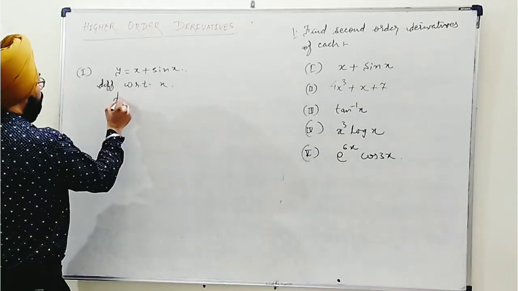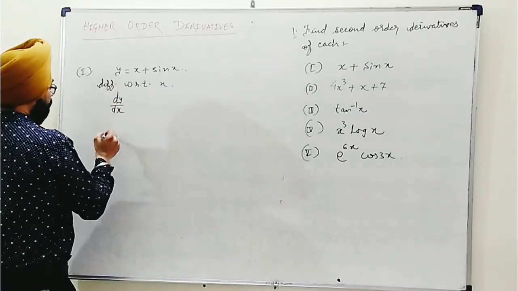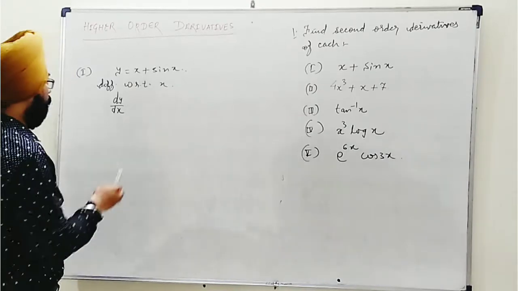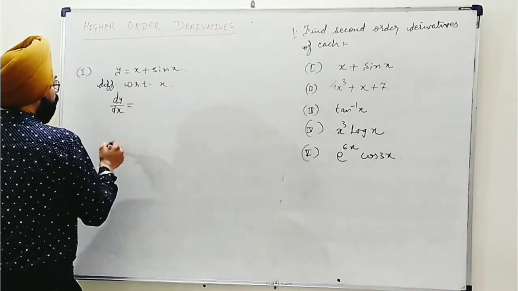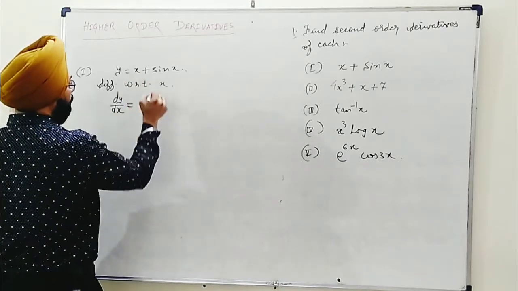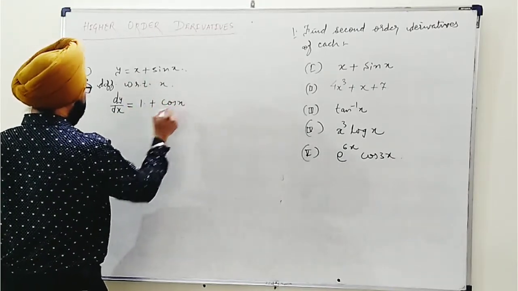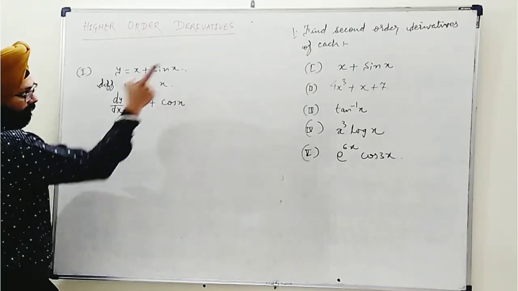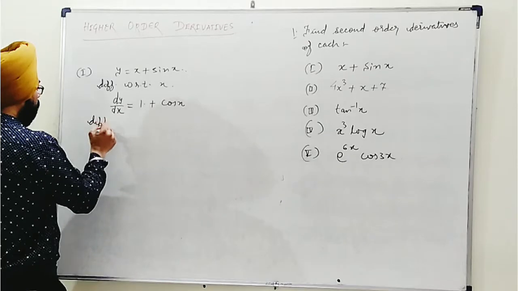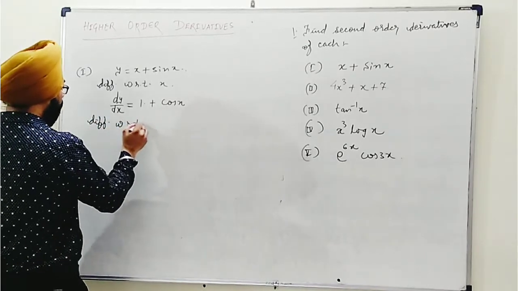So this will become dy by dx. According to your convenience, you can put y dash or y1 also, no objection. Now the first term when differentiated will turn 1, plus sin x we convert as cos x. And as we need the second order, it means one more time we have to differentiate with respect to x.